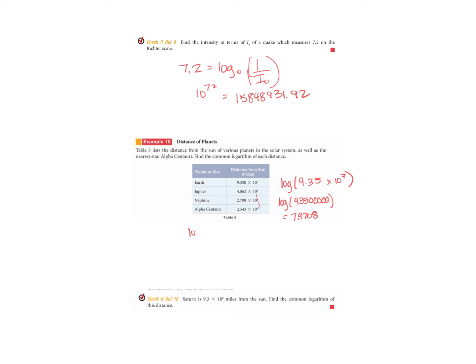What if I took the log of just 9.35 and the log of 10 to the 7th? We know this one right here is going to be 7. And if I take the log of 9.35, I get 0.9708. Look at this. They don't multiply together to give me this number.